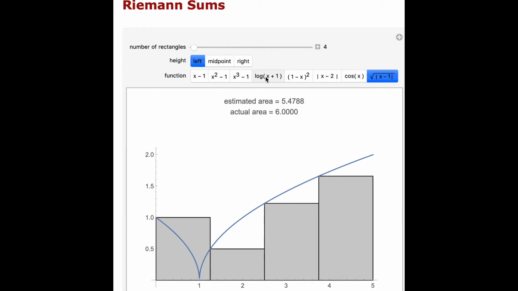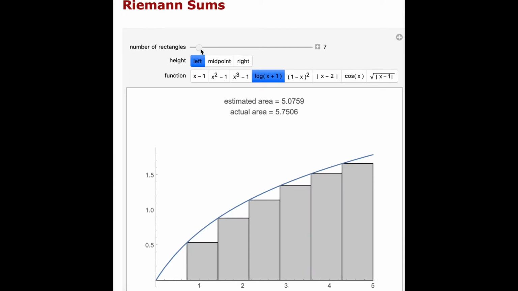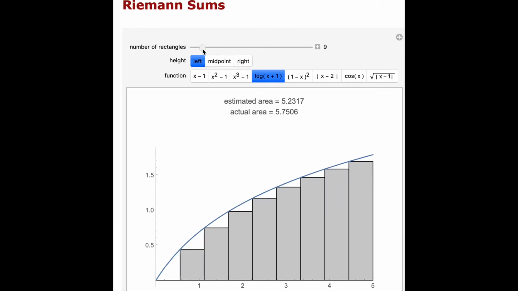But going back to our original example here, what's critical to note is that regardless of what we choose as our method of estimation, whether it's left, right, or midpoint, as we increase the number of intervals, the number of rectangles used to approximate the area, we see that the estimated area is approaching the actual area.